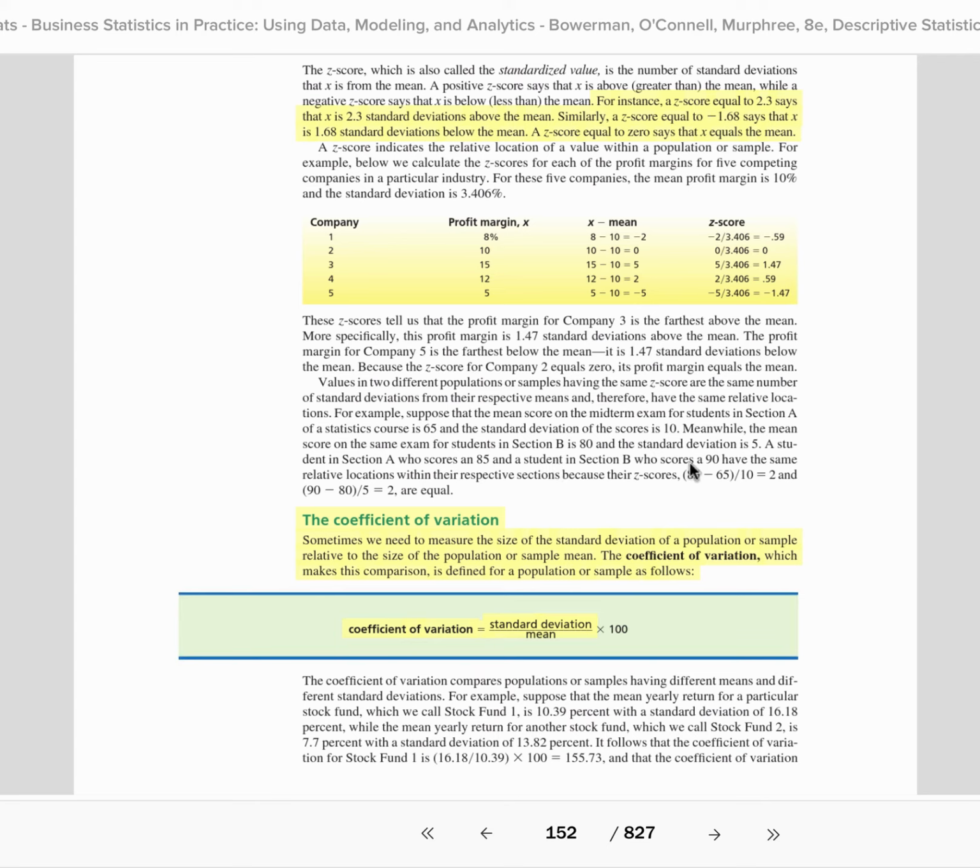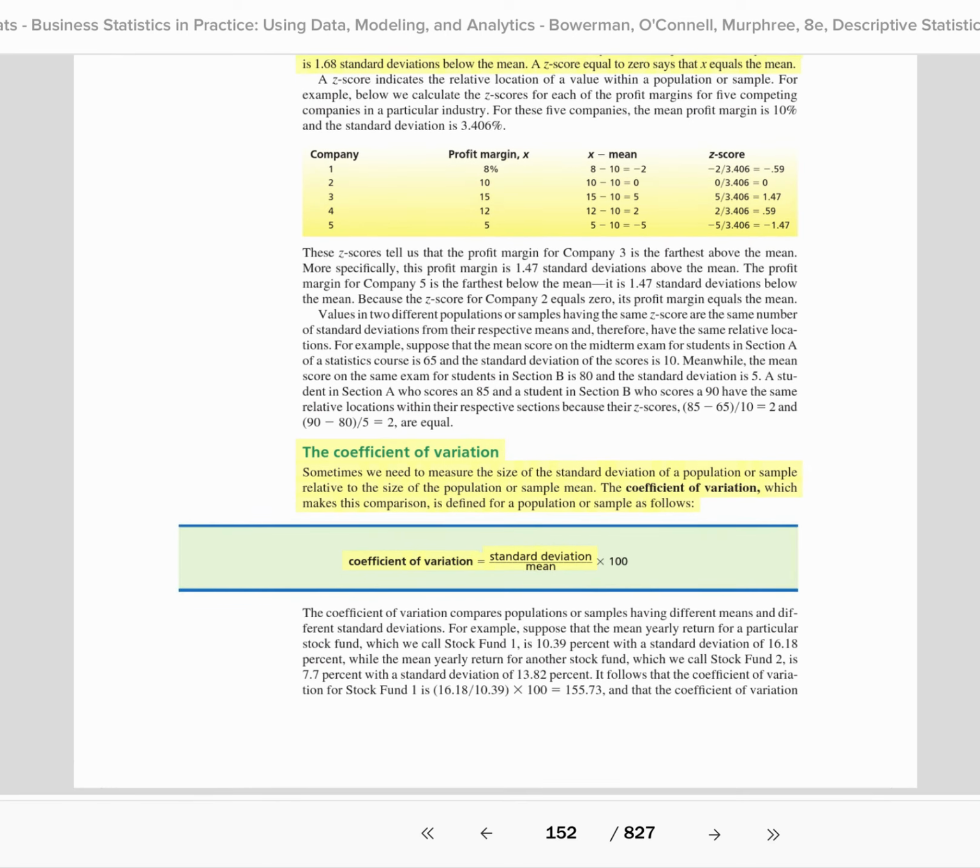Now, if you want to use the z-score in that case, you just subtract the mean from his grade and divide by the standard deviation. So you get 2 for the first exam, and for the second exam you also get the same value, equal to 2.